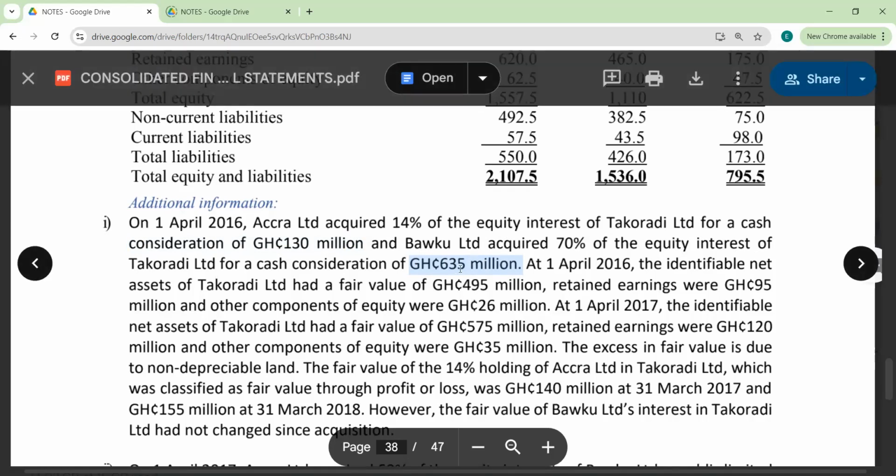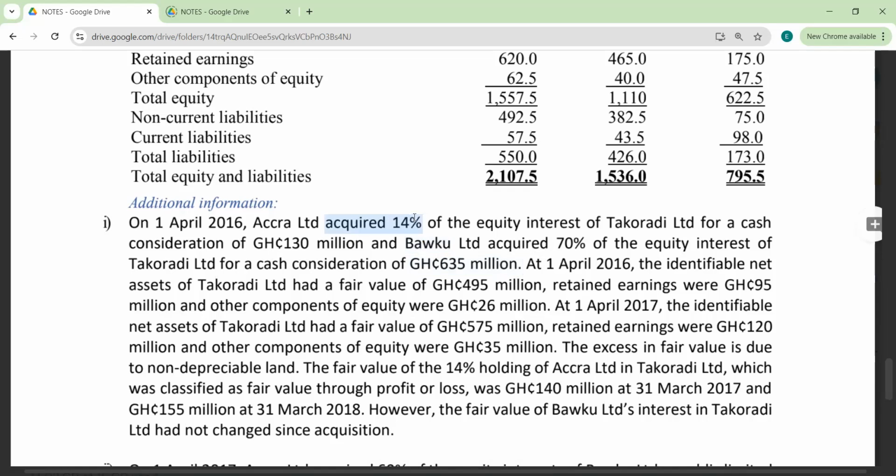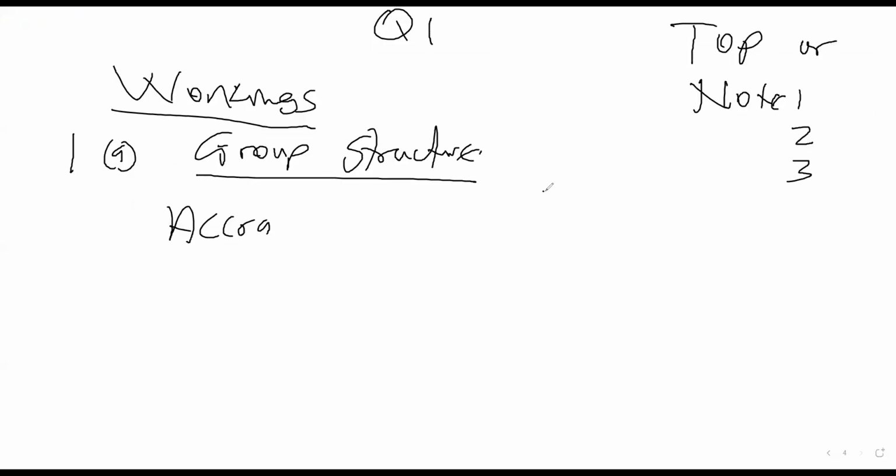This is the first window of ICA exams for part 3, final level. This is what you need to know. So the parent has acquired 14% and another subsidiary has also acquired 70% in TAD. When I read more, that means Bokun itself is likely to be a subsidiary.